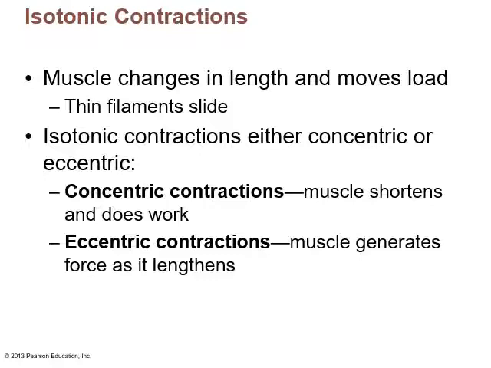In eccentric contractions, the muscle generates force as it lengthens. Like if you are putting down a barbell, instead of just dropping it and slamming it to the floor, you can gently lay the weight down by lengthening the muscles and gradually releasing it. So that's what eccentric contraction is. You're generating force, holding the weight as the muscle's lengthening and gently letting it to the floor.